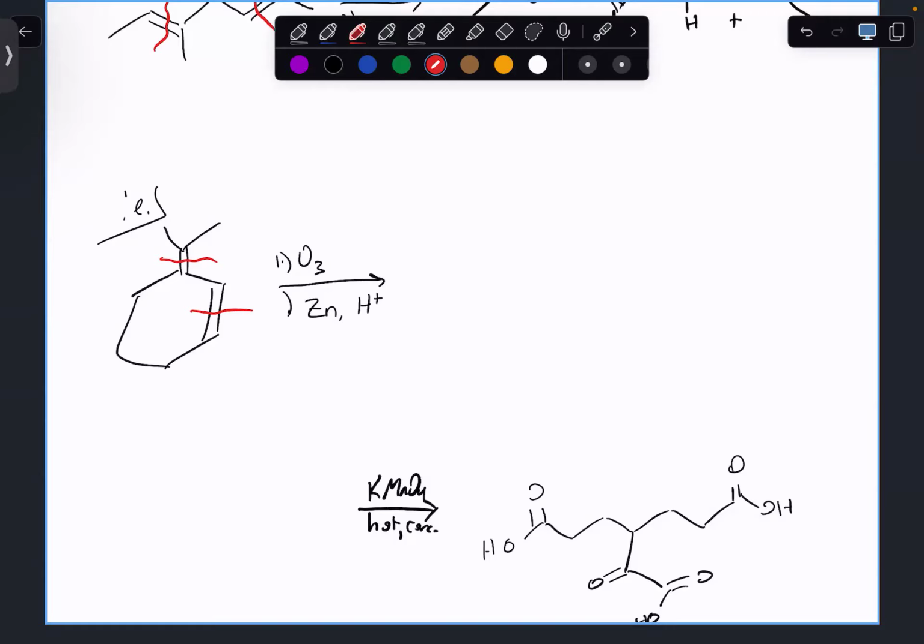Now, by the way, I think I may have made this suggestion before, and I'll make it again. Anytime I'm dealing with any kind of a ring, whether I'm breaking rings or I'm making rings, I always number my carbons because it's really easy to get mixed up with positions when you're making and breaking rings. And so I just arbitrarily number them. I would do this as one, two, three, four, five, and six.